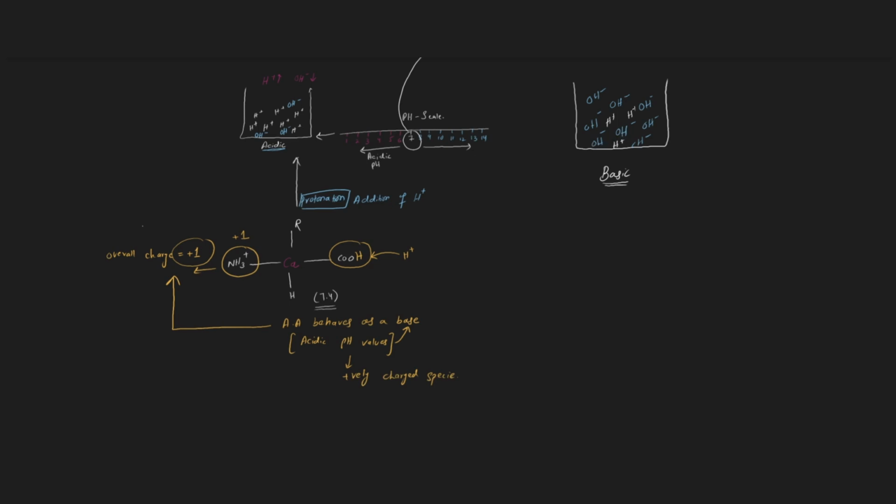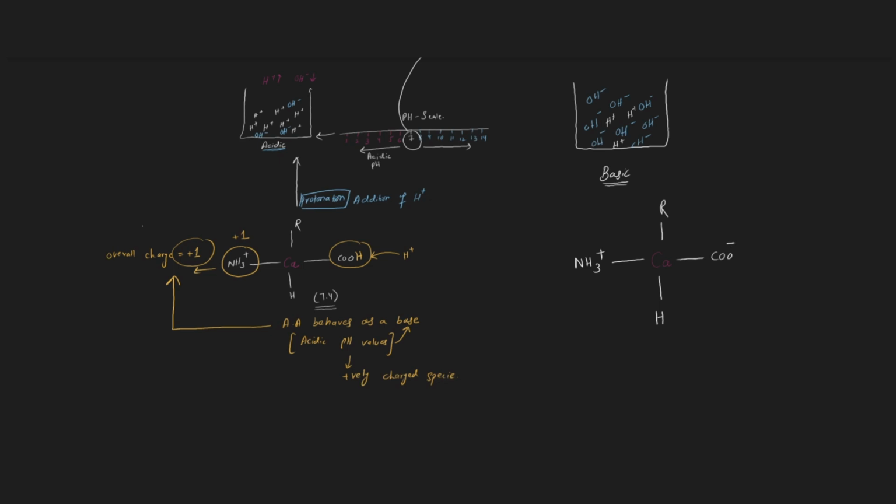Okay, so now again we have an amino acid, we have the alpha carbon, and it is attached to 4 different groups: we have the carboxylic group, we have a hydrogen atom, we have the R group, and we have the amine group. Let me draw it here in the intermediate state, with this carboxylate ion.